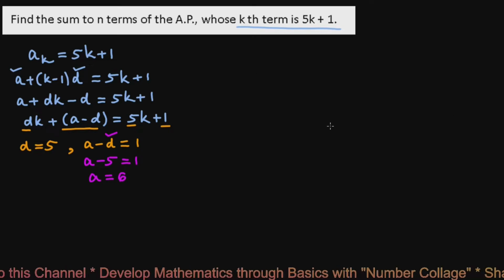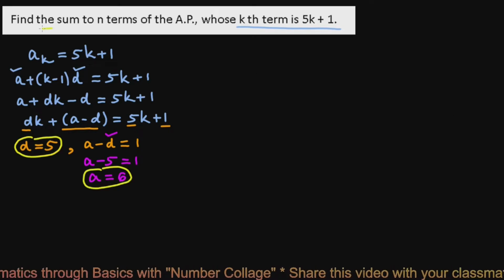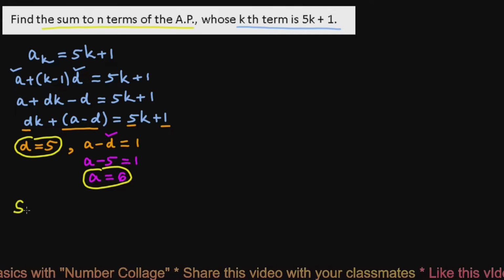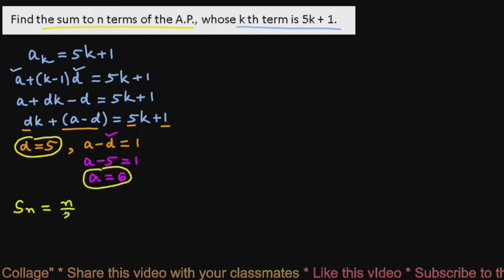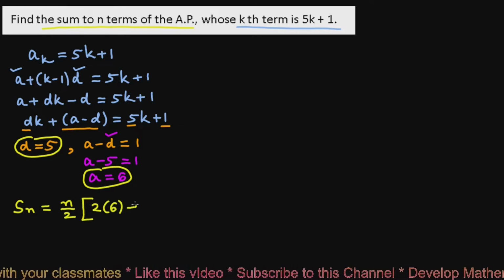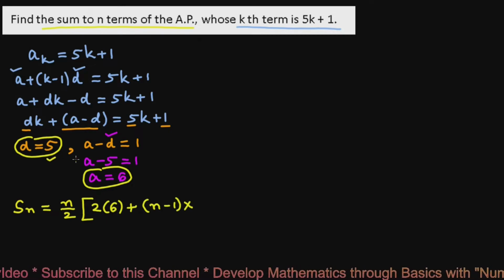Now we know the value of d and the value of a. So we will write the sum of n terms of the AP as Sn equals n by 2 into (2 into a, that is 2 into 6, plus (n minus 1) into d, which is 5 here).